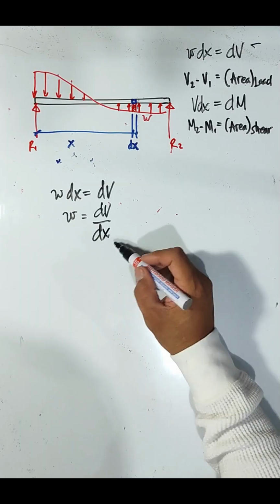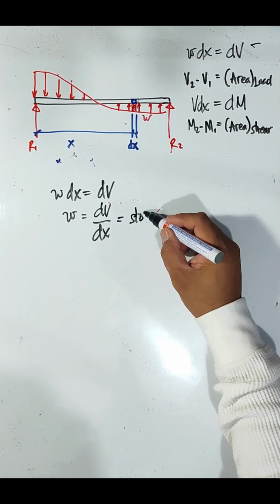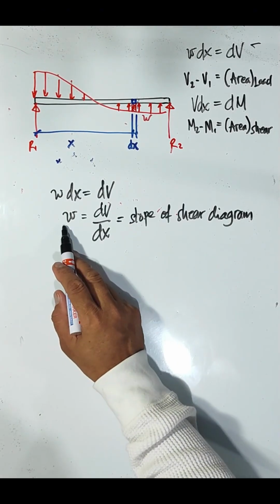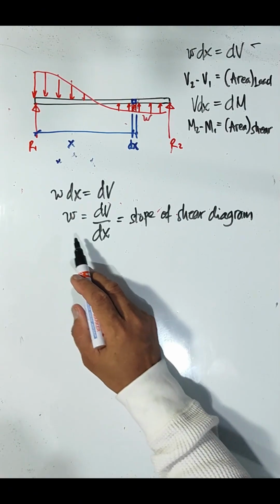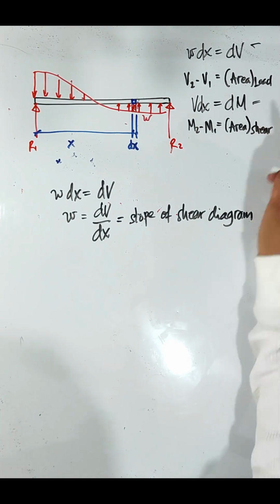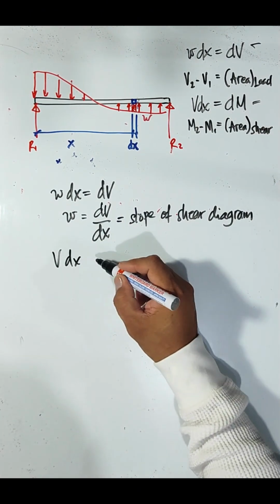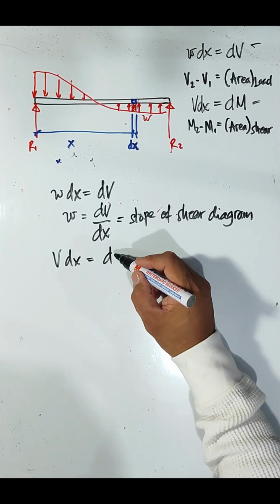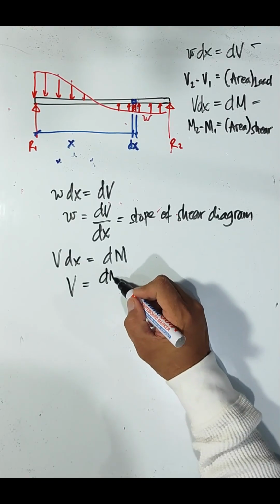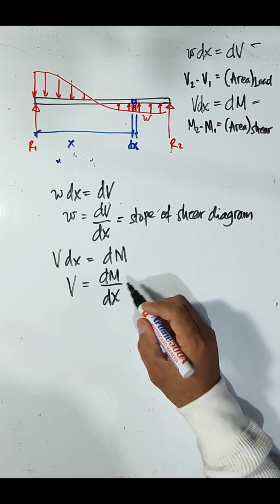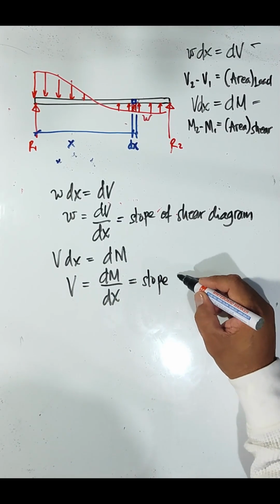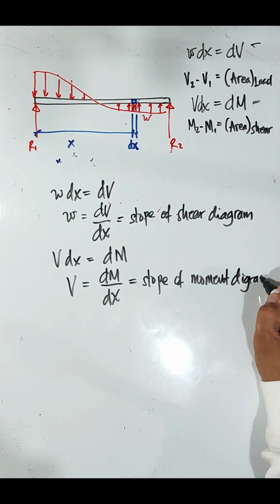Now this dV over dx is actually the slope of the shear diagram. It means the intensity of the load is equal to the slope of the shear diagram. And V dx equals dM will give us shear is equal to dM over dx, and dM over dx is the slope of the moment diagram.